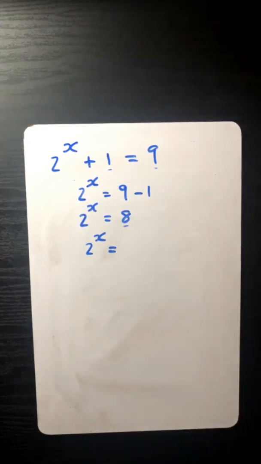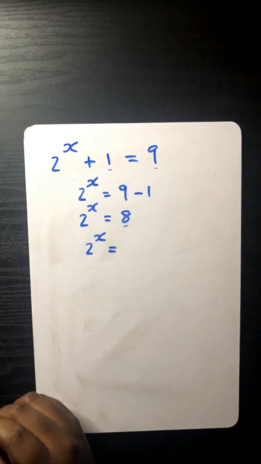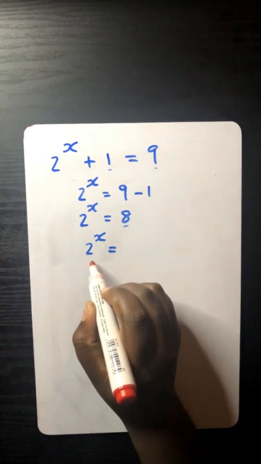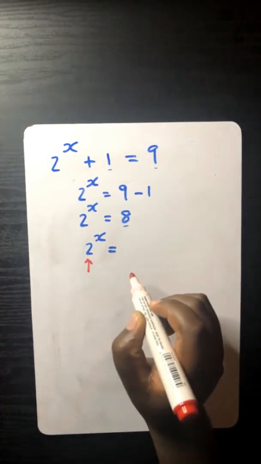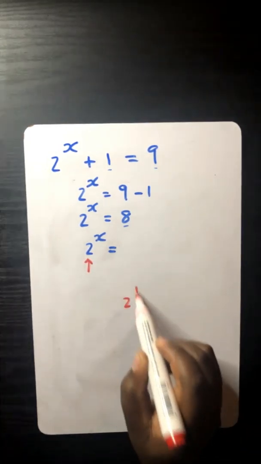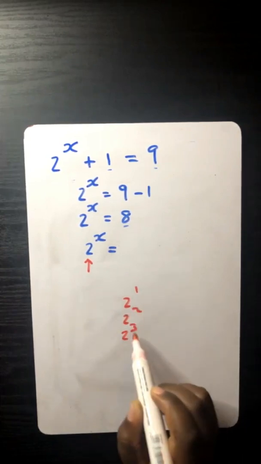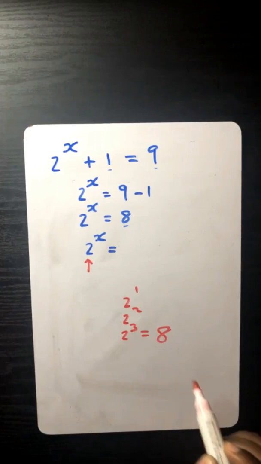Okay, so another tip, guys: on the left your base is 2, so try to say 2 to the exponent 1, 2 to the exponent 2, 2 to the exponent 3. This is what gives you 8.